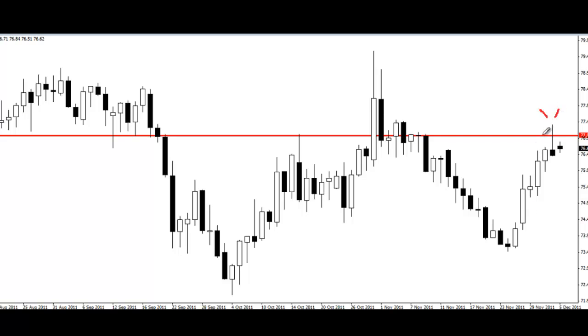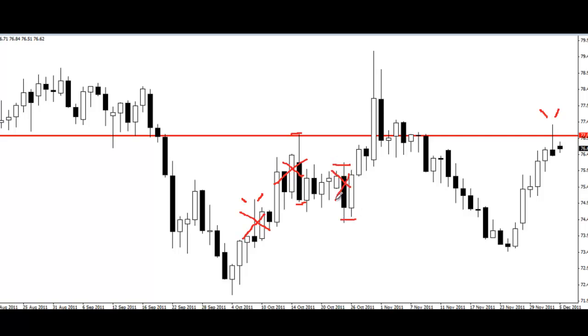Okay, now if we look back to the left of the chart, we'll notice that there's been plenty of other price action formations. We had a bearish pin bar here. Okay, didn't work. We had a bearish engulfing bar here. Didn't work. We had another bearish engulfing bar.